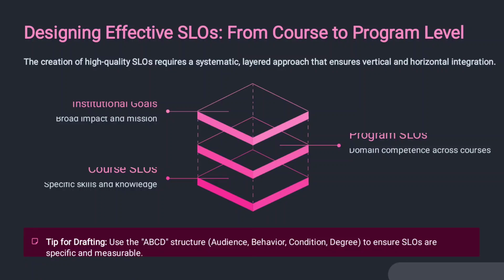Tip for drafting effective SLOs: use the ABC structure. ABC stands for audience, behavior, condition, and degree, to ensure SLOs are specific and measurable.